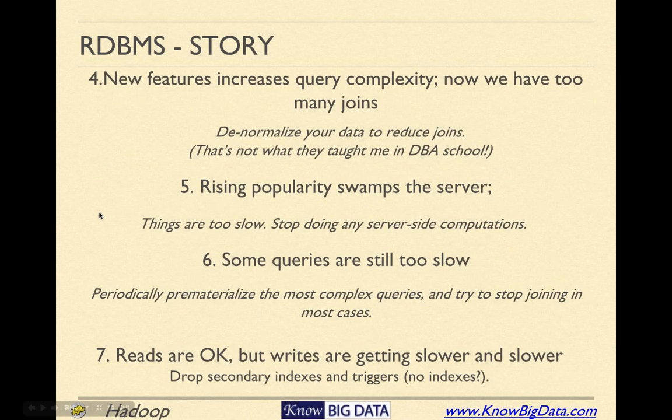Now once you have upgraded the hardware, for some time you will be pretty happy, right? You raise some funds, and when you raise funds, you hire many product managers and developers. You keep on adding more and more features, and when you start adding more and more features, the queries are getting complex.